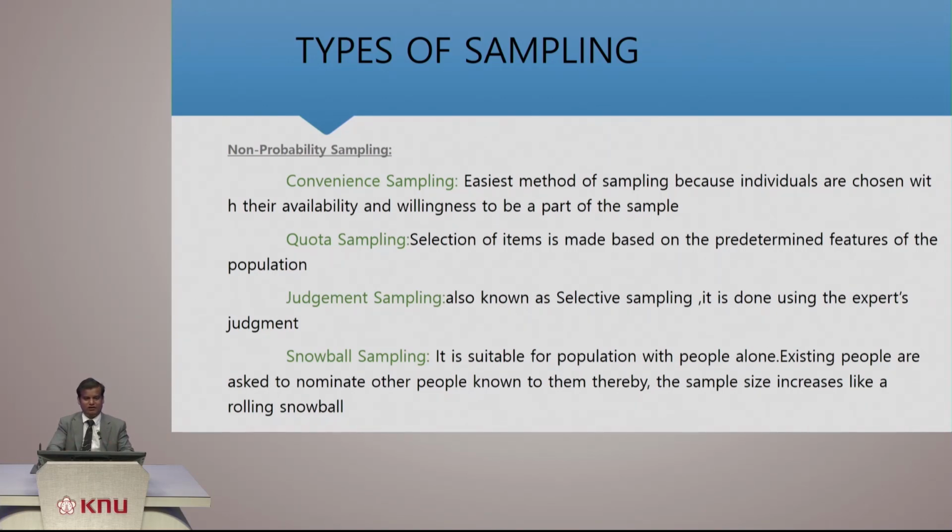Judgment sampling, also known as selective sampling, is done using the expert's judgment. Snowball sampling is suitable for populations of people. Existing people are asked to nominate other people known to them, so the sample size increases like a rolling snowball.